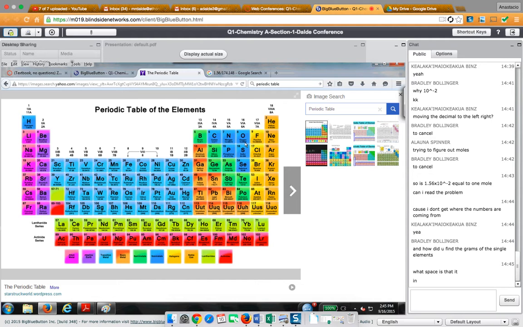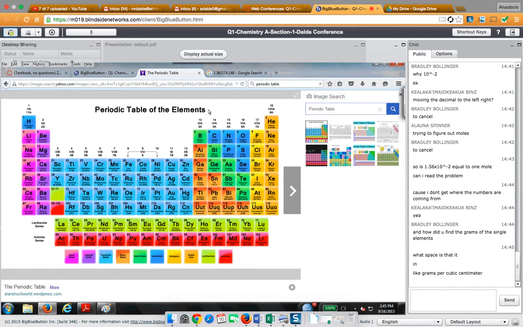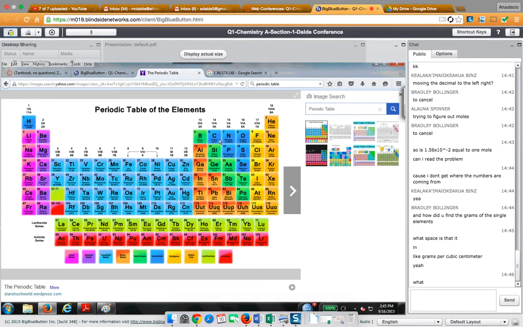It's called the molar mass. The units for this are grams per mole. So hydrogen is 1 gram for 1 mole of atoms. Carbon is 12.01 grams for 1 mole of carbon atoms.